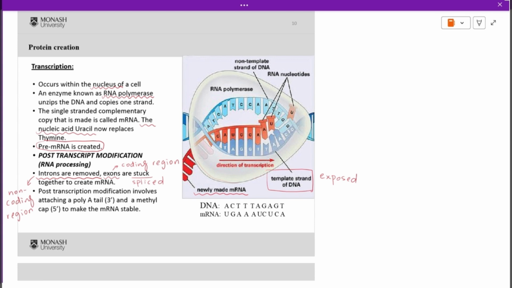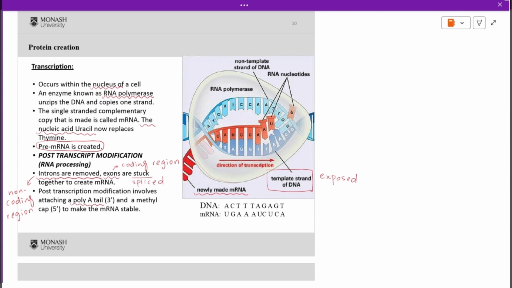The second thing that happens during post-transcription modification is the attachment of a poly A tail. We're not going to go into too much detail about what a poly A tail really is. You just need to know it's a little molecule that's attached to the 3' end of the mRNA.